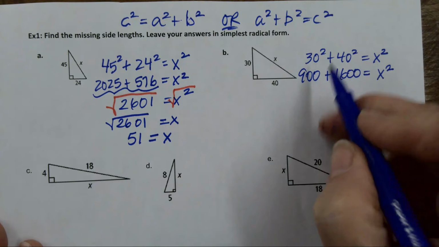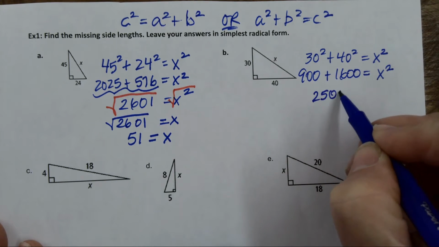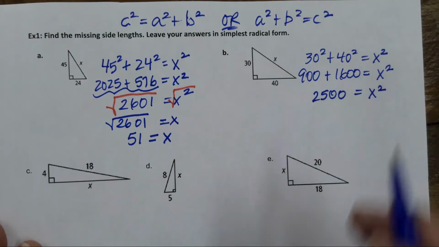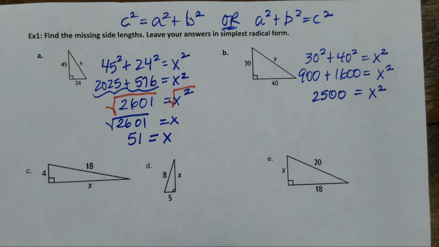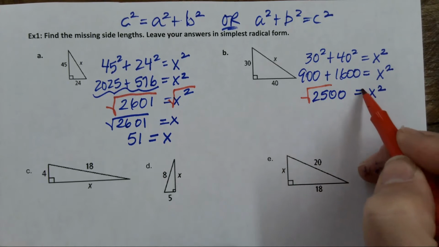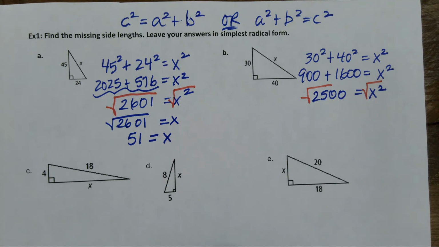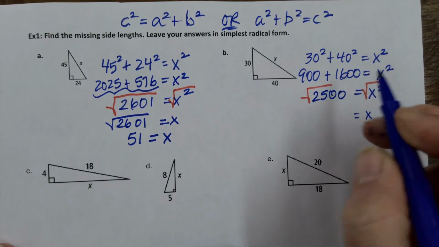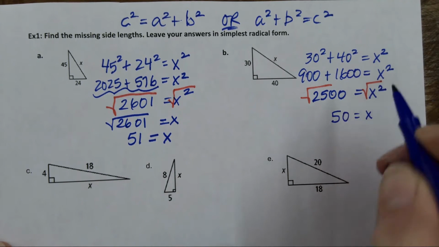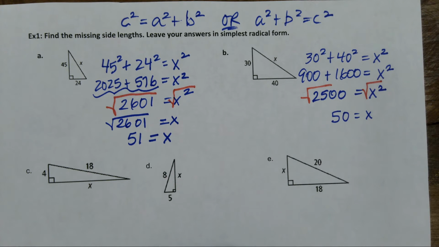Add those together. 2500 equals x squared. Square root of both sides. And you should get 50. Good? Fine.